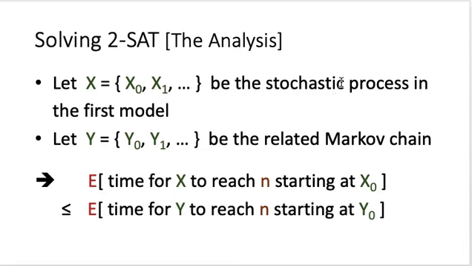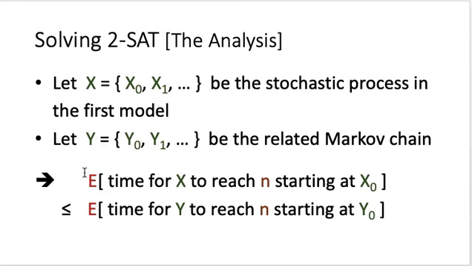So formally, let us use X to describe the stochastic process in the algorithm, the first model, and Y be the stochastic process, the related Markov chain that we have just seen. We saw that it is much easier for the first one to reach state n than the second one.